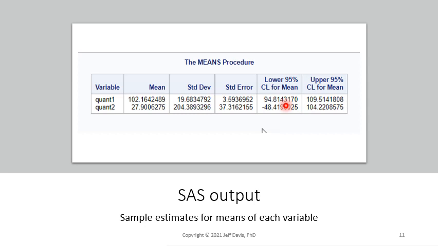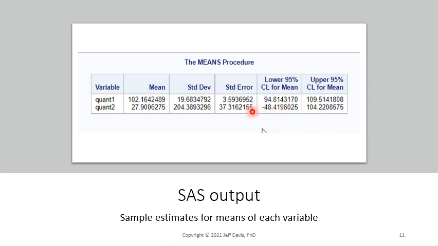When you have this really large confidence interval, it's telling you there's a lot of uncertainty. Your data has generated a lot of uncertainty about where that true population parameter might be.